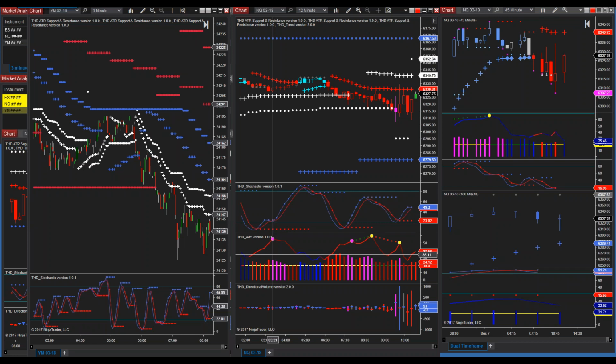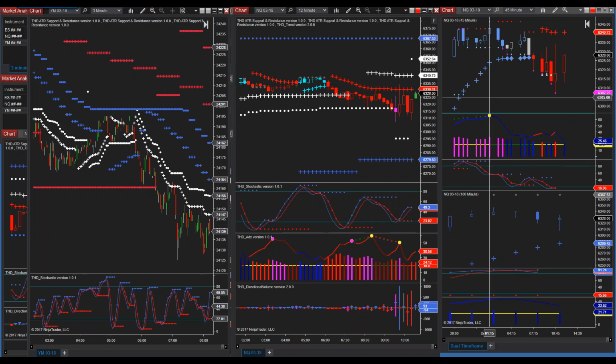Do you see that? And what caused all of this downward movement? Do y'all see that? It's the magenta peak on the 45-minute chart. Any questions, guys?